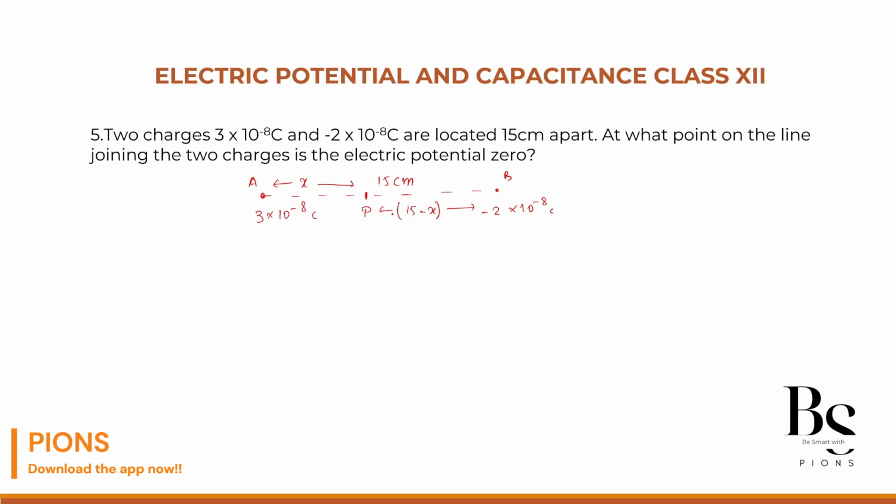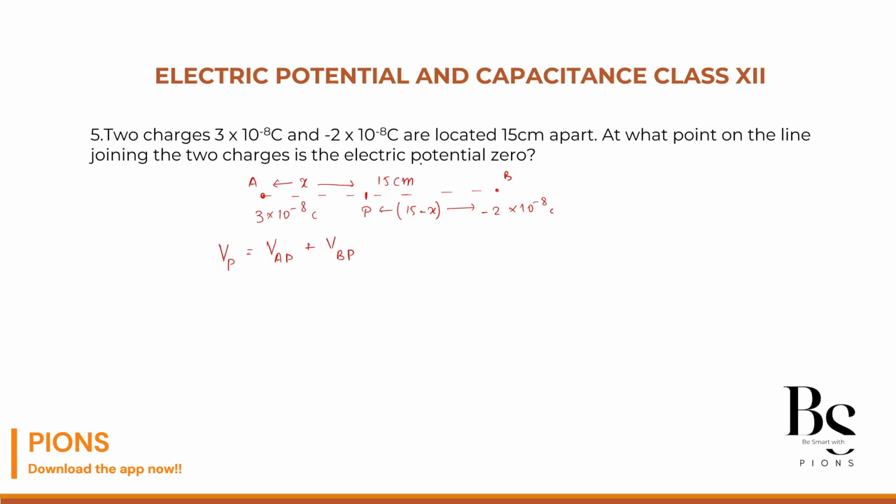Now, sir, what is the superposition principle? The superposition principle says the net potential at any point P must be equal to the potential due to the first charge plus the potential due to the second charge. So VAP is the potential due to A at point P plus the potential at P due to the second charge B. Great. Now what is VP?